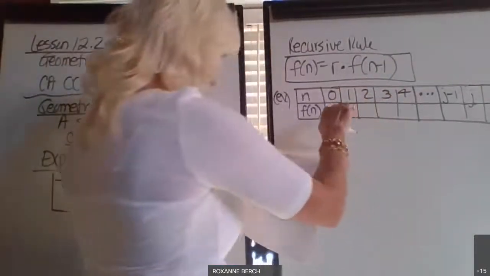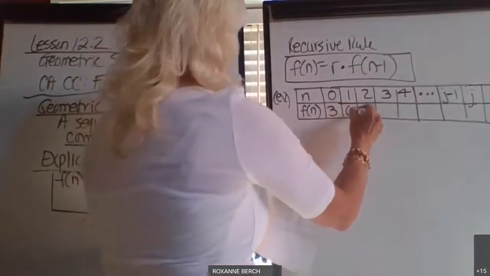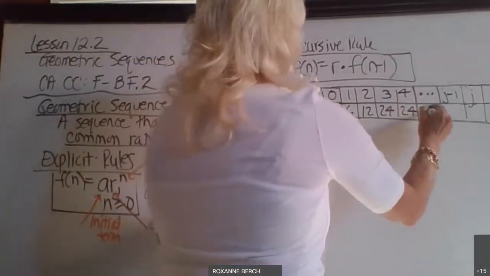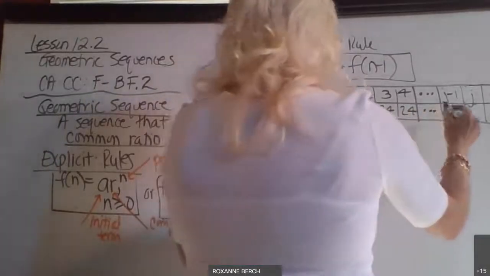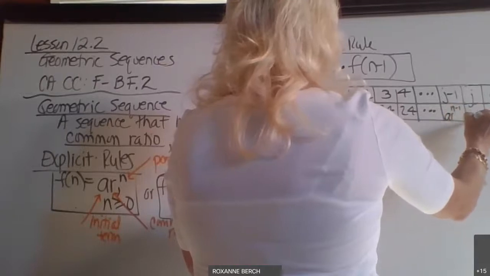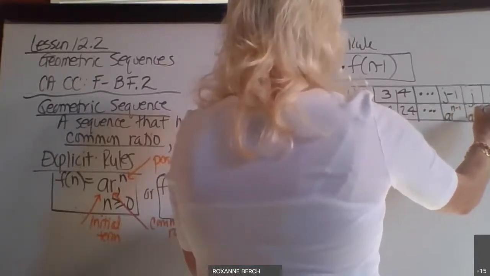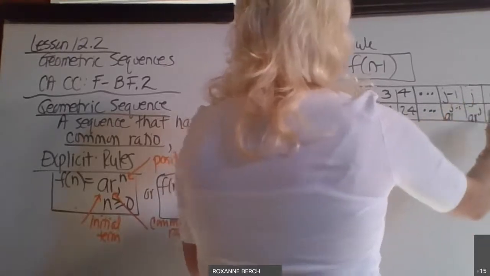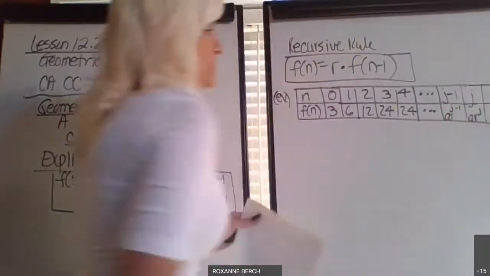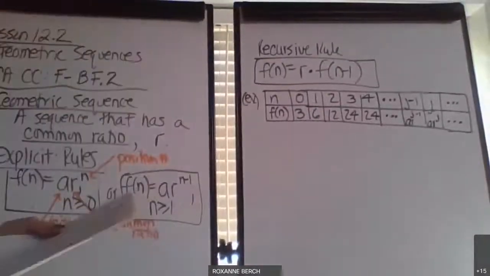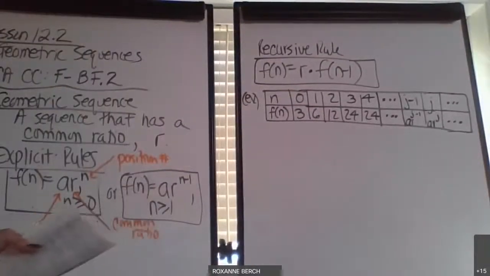And the position 0 is going to be 3, 1's going to be 6, 12, 24, 48, dot, dot, dot. a r to the j minus 1, dot, dot, dot. So that is a never-ending table. And they want us to write an explicit rule and a recursive rule.